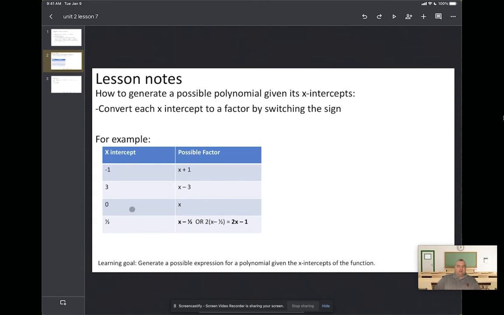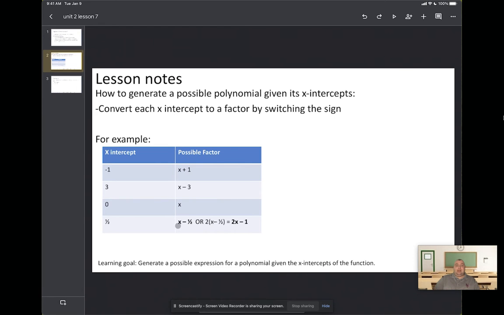And lastly, if I have a fraction, so let's say my fraction is 1/2, that is my x-intercept, then I change it to a negative and make it x minus 1/2. Then I take whatever the denominator of the fraction is, in this case 2 since it's 1/2, and I multiply both terms by 2.